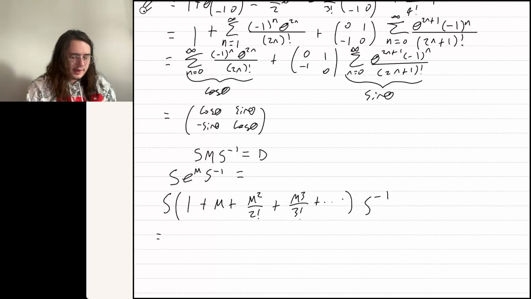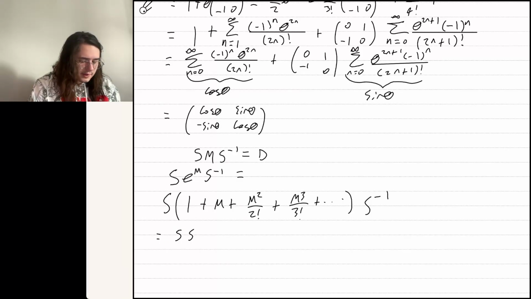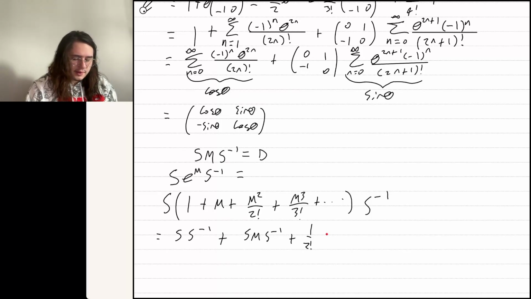Let's let the S and S inverse move into the parentheses now. So you get S 1 S inverse plus S M S inverse plus 1 over 2 factorial S M squared S inverse plus S M cubed S inverse over 3 factorial, and on into infinity.